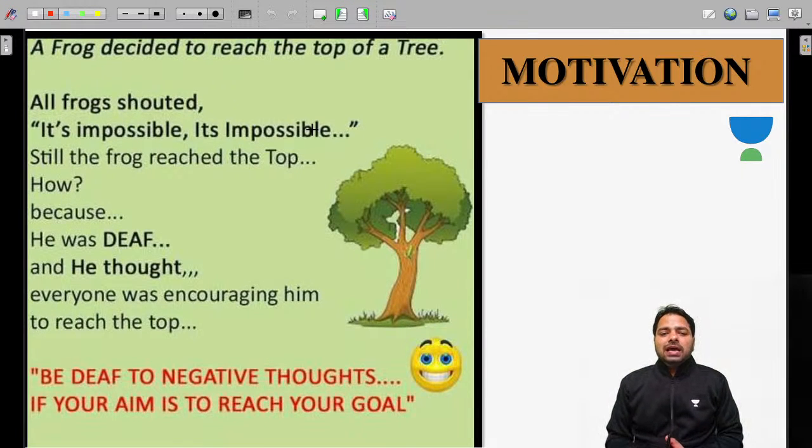Then it directly aimed to reach the top, and somehow it reached the top. Now the problem is that if the frog listens to other frogs, then it might stop climbing. So you should not listen to anybody. Look at your aim and your goal, and don't bring negative thoughts in front of you. Always look for positive energy and look at what you are capable of. For others, some things may be impossible, but for you, if you try, maybe it is possible.